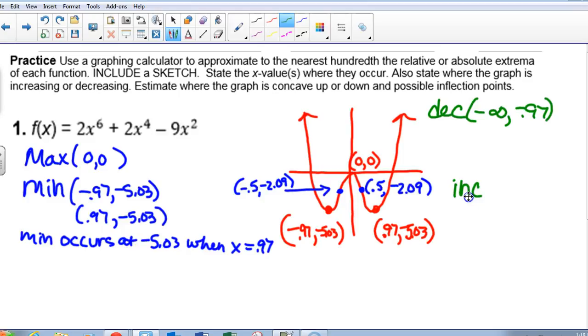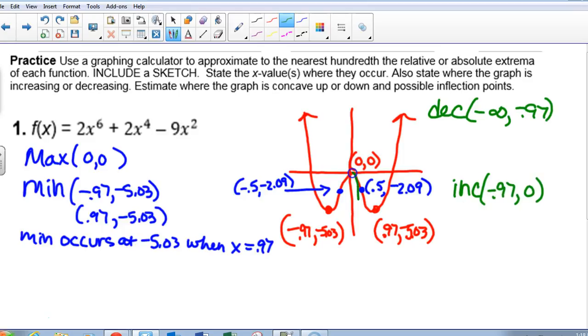It's x values. Do you see? Because it's from the far left. Absolutely, it is coming from the top down, but it's the x value. I get confused too. X values, it's the left side, so it's negative infinity over to negative 0.97. Then it's the x values where it's increasing. Anybody help me out? Yep, negative 0.97 to 0.